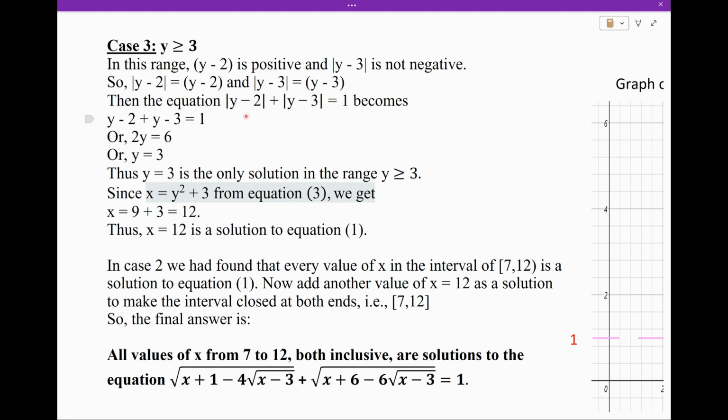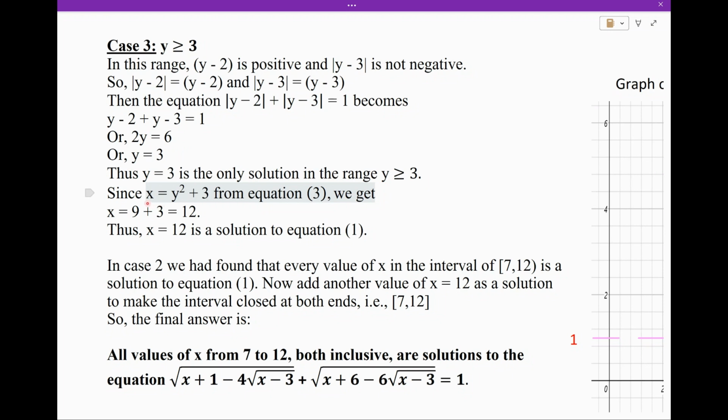Then the equation magnitude of y minus 2 plus magnitude of y minus 3 equal to 1 becomes y minus 2 plus y minus 3 is equal to 1, or 2y is equal to 6, or y is equal to 3. Thus, y is equal to 3 is the only solution in the range y greater than or equal to 3.